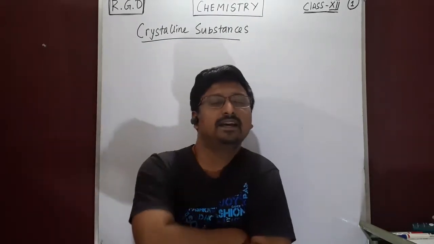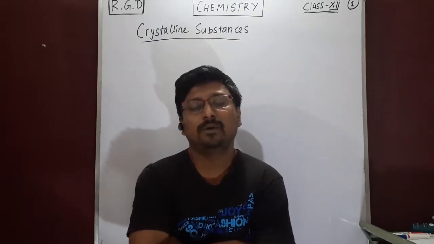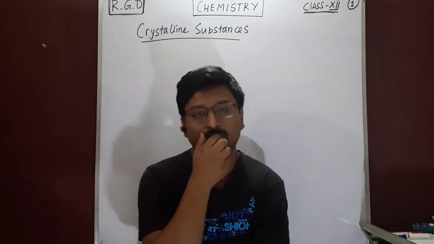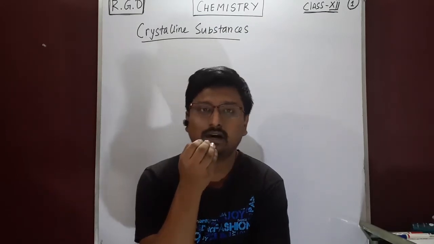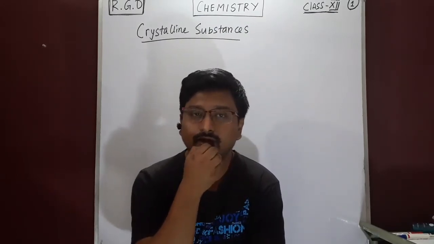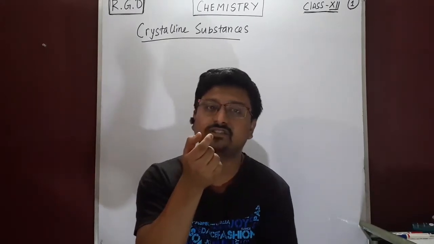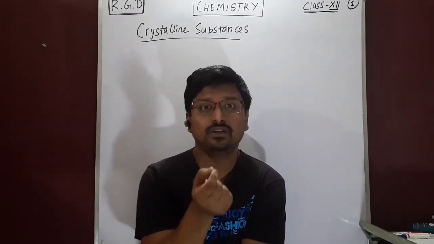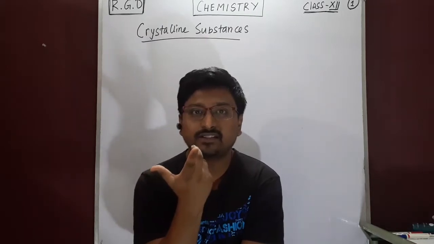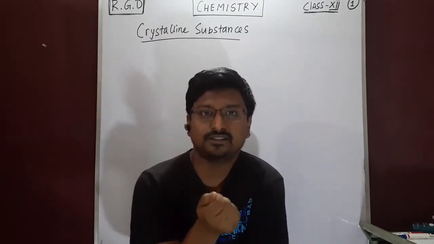Taking it very simply, in the lab, if you are preparing sodium chloride, you will find small, tiny crystals. If you don't know the structure of that crystal, you have to solve the structure.